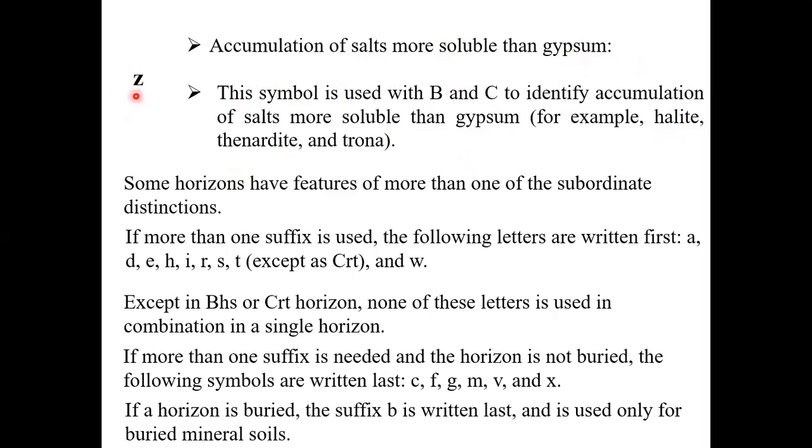So like this we can see the subordinate designations, these small letters used as subordinate designations. Sometimes they may be used as one suffix after another because of the characteristics, for example Bhs. So B is a master horizon, h is one characteristic, s is another characteristic. Except for C, R, and T, it won't give any notation.